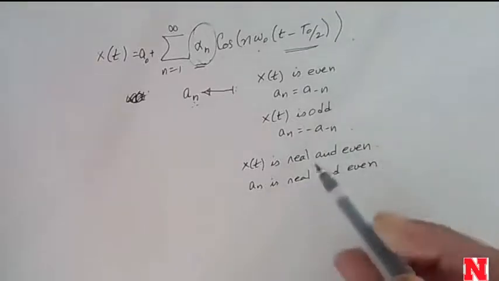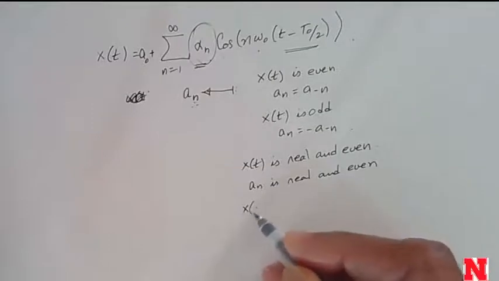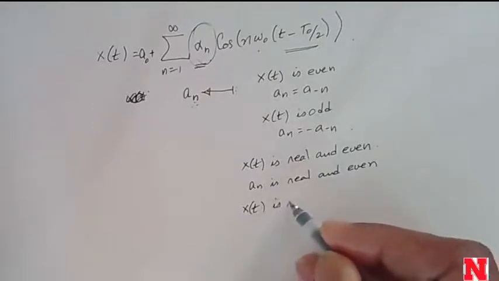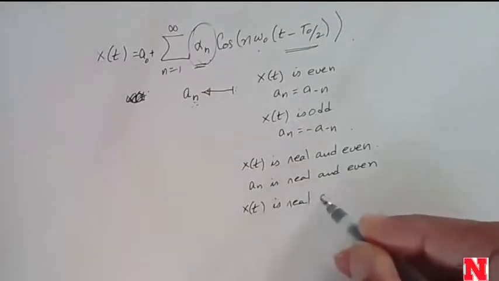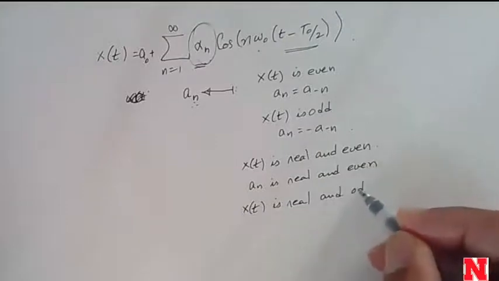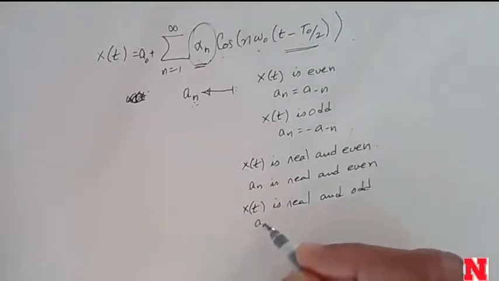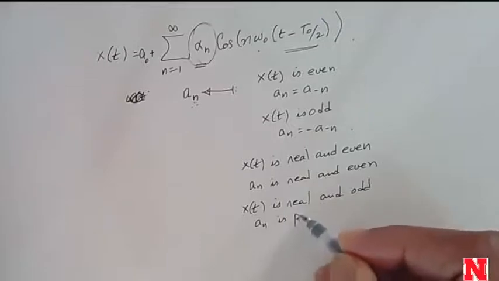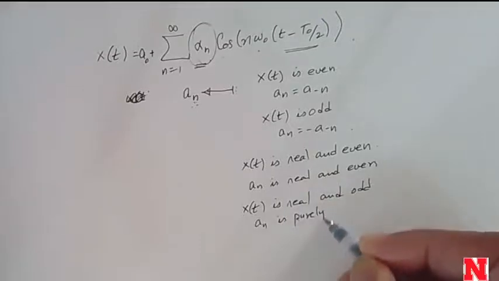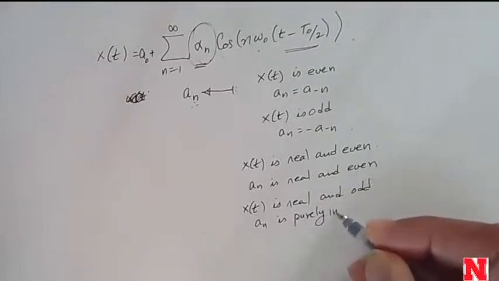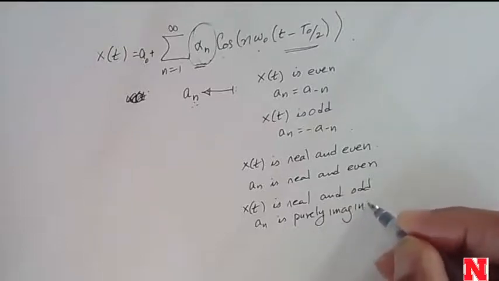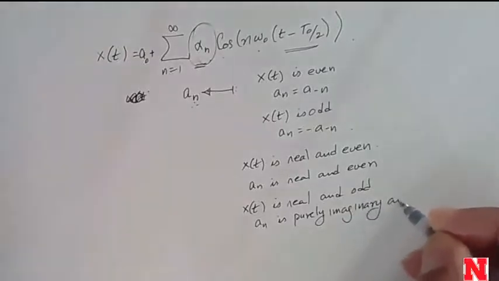And if x of t is real and odd, a sub n is purely imaginary. No real part. And odd.